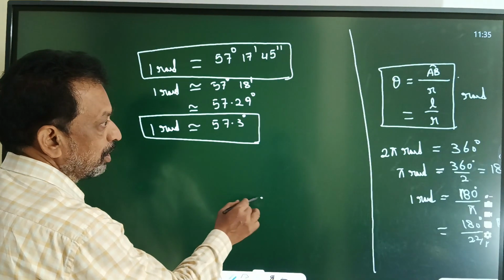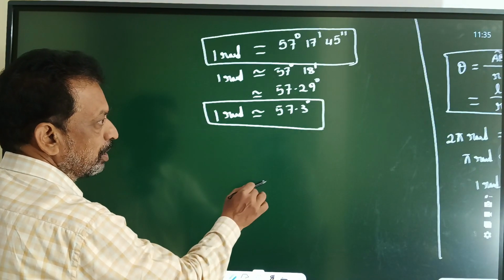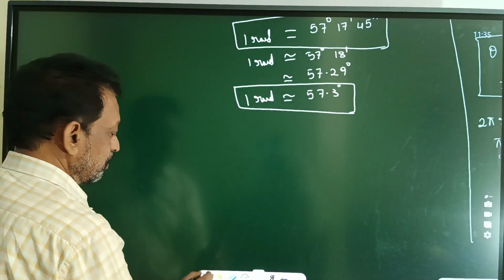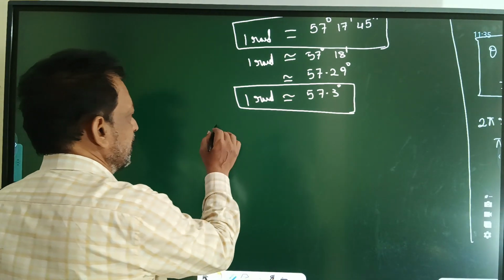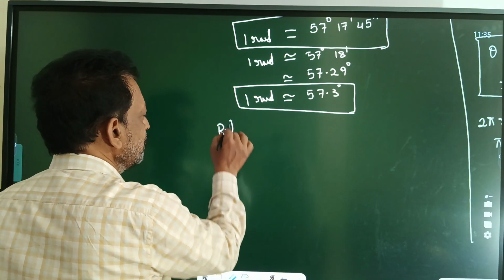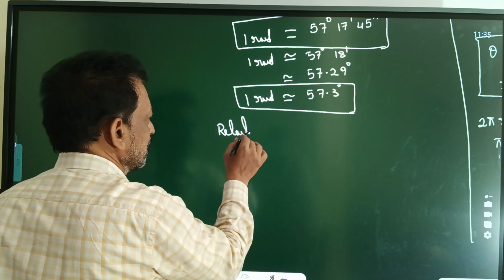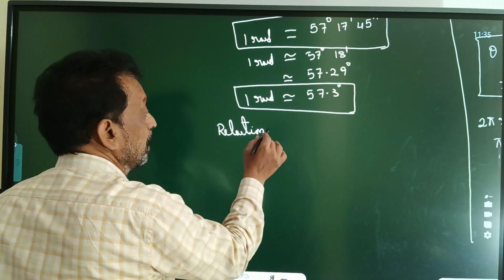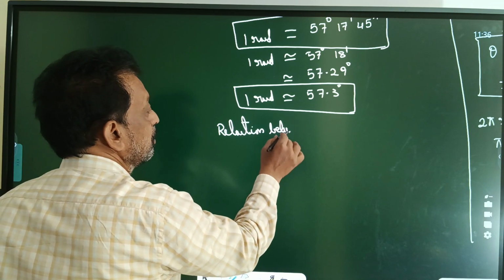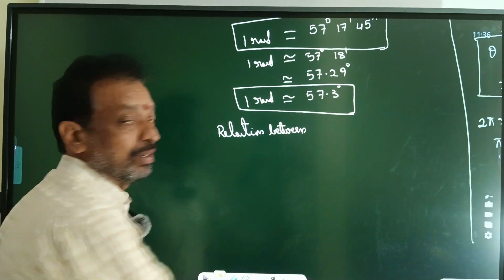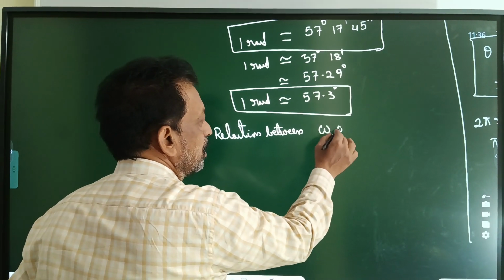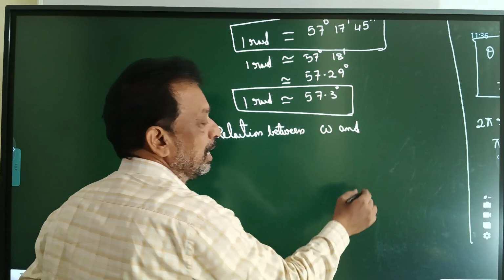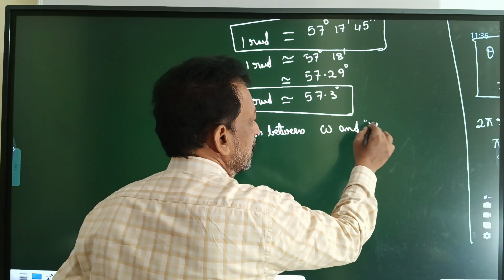You have to remember this. Now you might see angular velocity. What is the relation between angular velocity omega and linear velocity v?